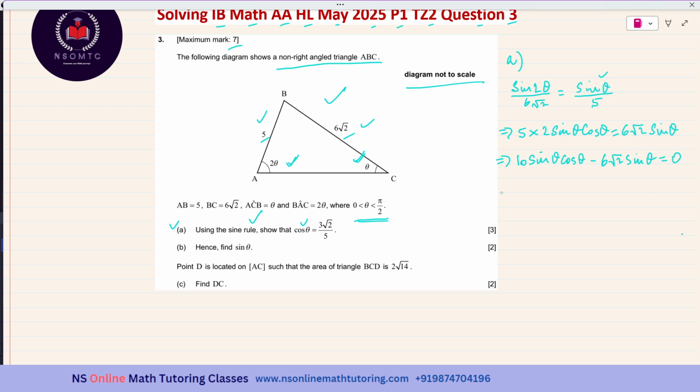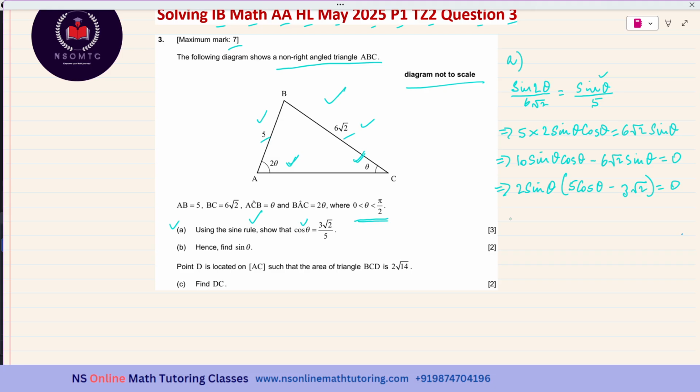Now I will take out 2 sine theta as the common factor between these two terms. From the first term, I have taken out 2 sine theta, leaving 5 cos theta. From the second term, I have taken out 2 sine theta, leaving 3 root 2, equal to 0.